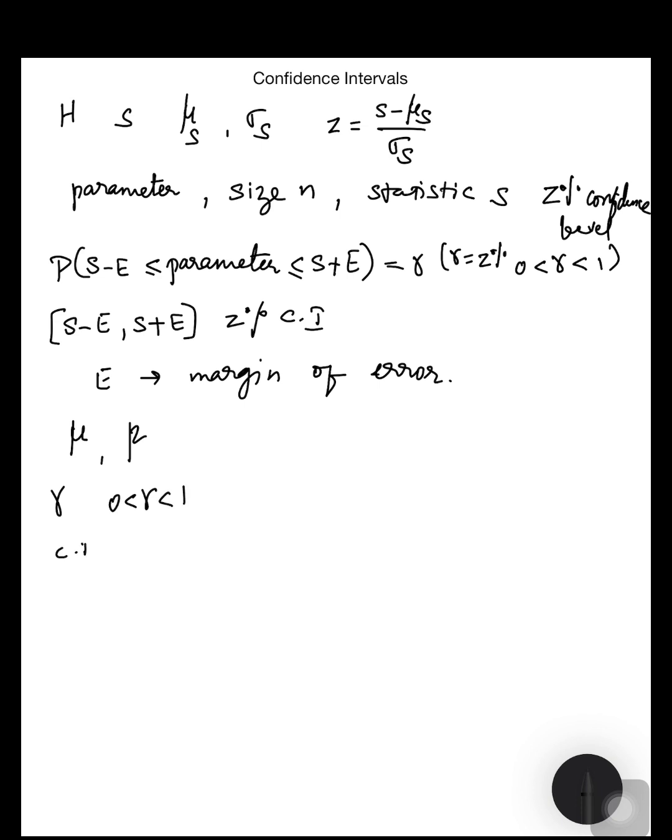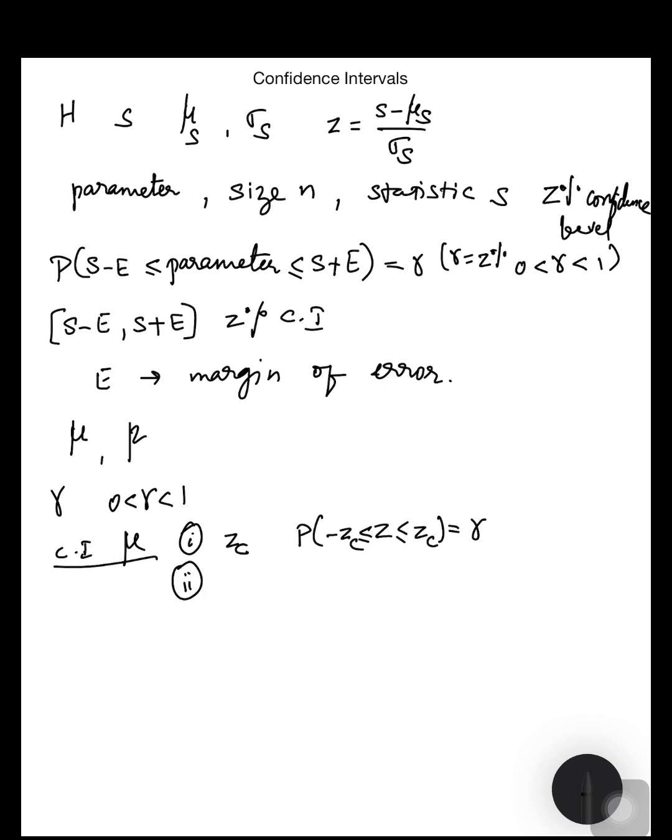The confidence interval for the estimation of mu is found in 3 steps. The first step is finding the critical ZC value such that the probability of Z lying between minus ZC and ZC is equal to gamma.